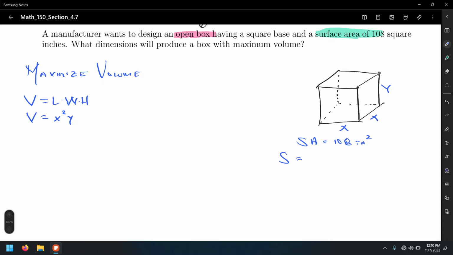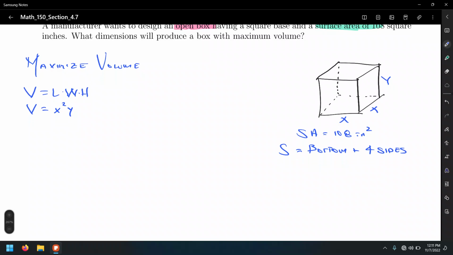So S is the bottom plus 4 sides. The bottom, which is a square base, is simply x times x, which is x squared, plus 4 sides.